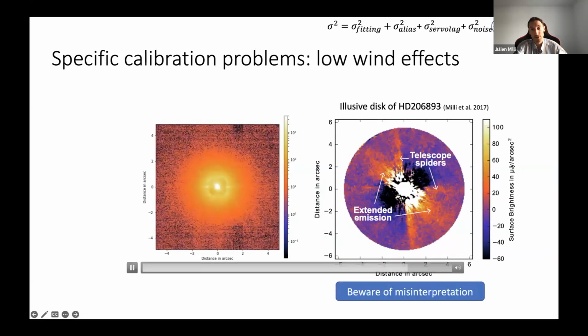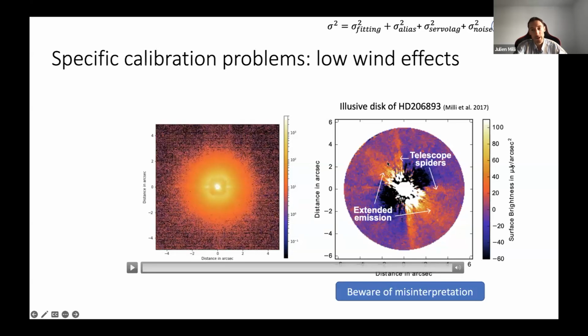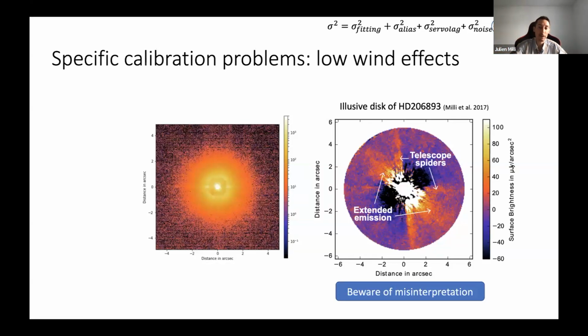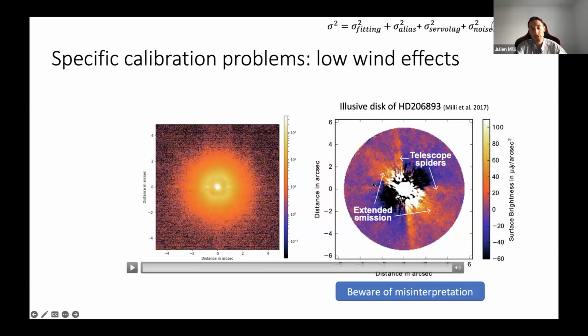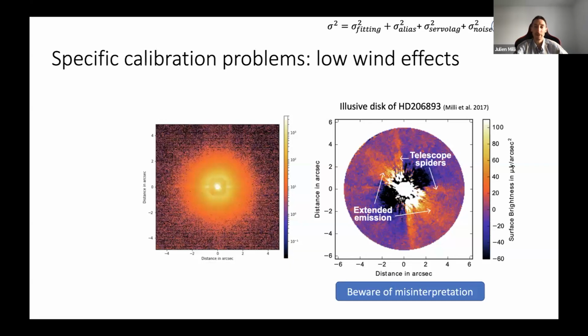In this image, you clearly see the track of the spiders and some flux in between the two spiders. This is just due to the spiders sweeping this area of the image in angular differential imaging and leaving a track, and it's not due to a disk. So we confirmed later on that this disk was actually not detected in this series of images.